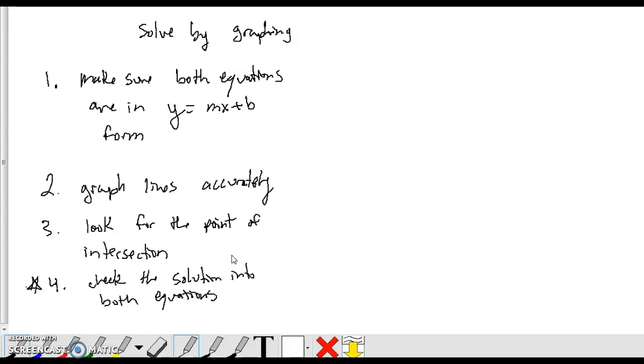All right, so let's go ahead and do our first example. Example number 1. Again, all of this should go into your toolkit. We need 2 equations. My first equation is x minus 2y is equal to 4, and I'll put a little 1 next to that. And my second equation will be y is equal to negative 1/2 x plus 4. So what do I notice?